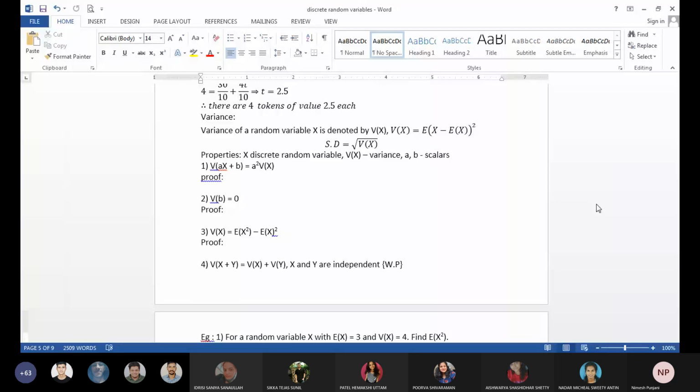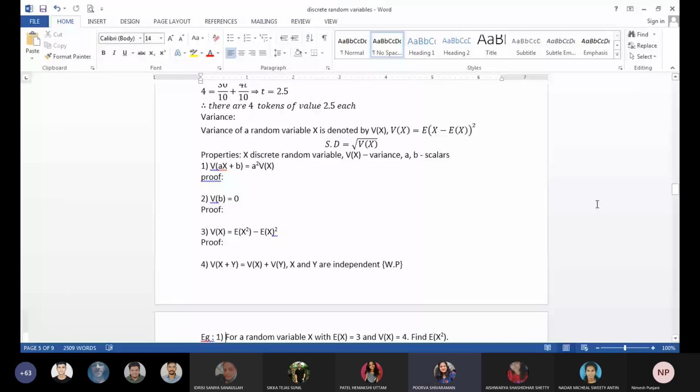Before we write down the proof, take a screenshot of these four properties of the variance, because it will be helpful for solving examples. Once we write down the proof, the alignment may shift up or down, so it would be difficult to get all four properties in a single pic. So take a screenshot and then go for the proofs.